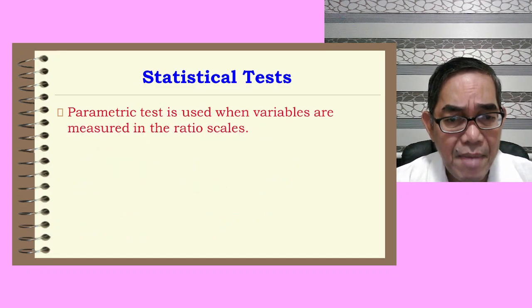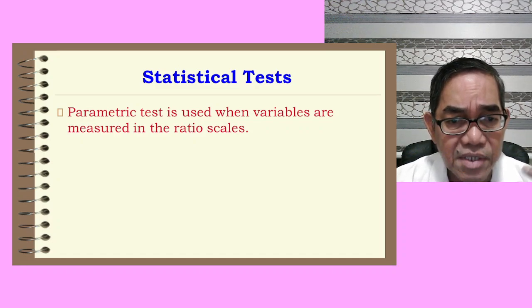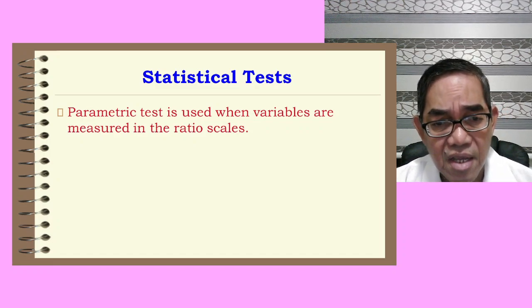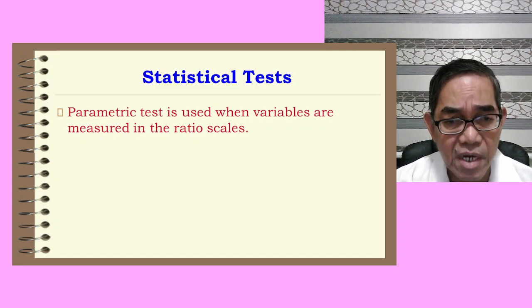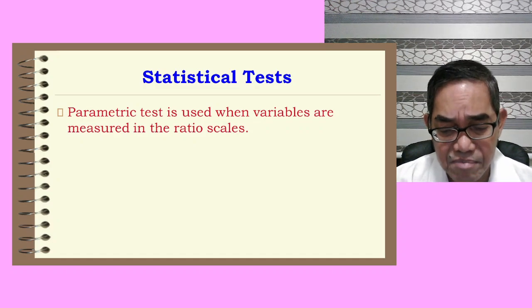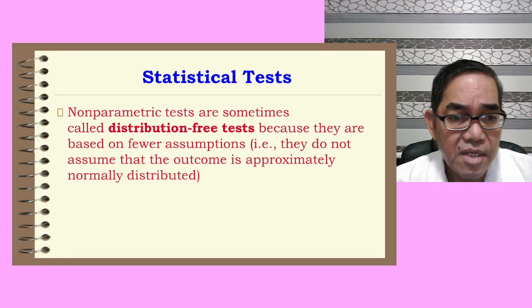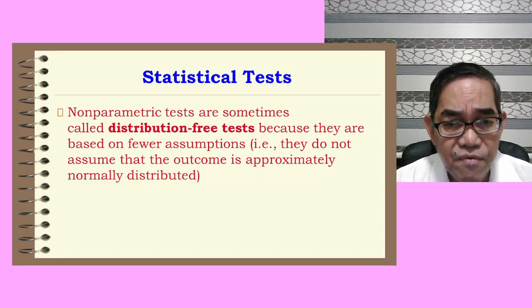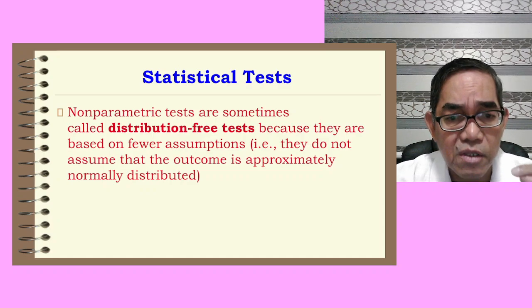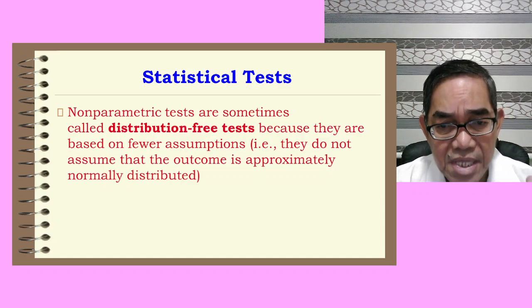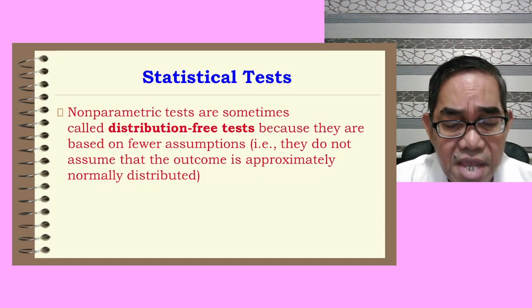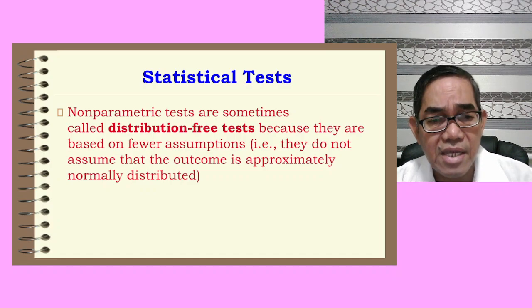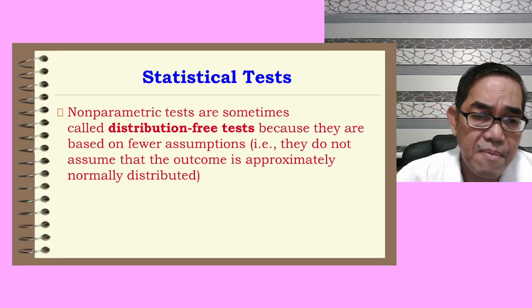Now, a parametric test is used when variables are measured in the ratio scale. I hope you can still remember what ratio scale means. Non-parametric tests are sometimes called distribution-free tests because they are based on fewer assumptions, meaning they do not assume that the outcome is approximately normally distributed.